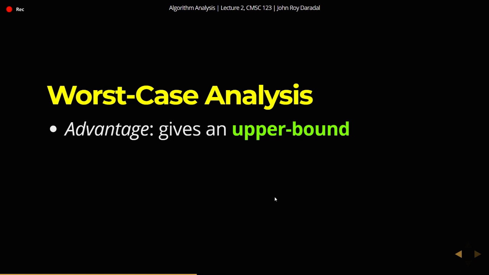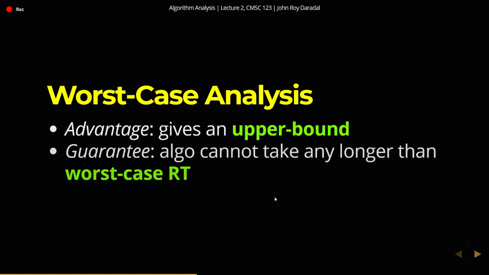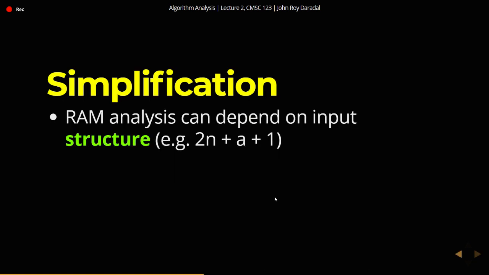The advantage of doing this is that it will give us an upper bound, or it will guarantee that the algorithm cannot take any longer than the worst case running time. That is already the upper bound limit, so it cannot exceed that. Okay? So we will use worst case analysis.